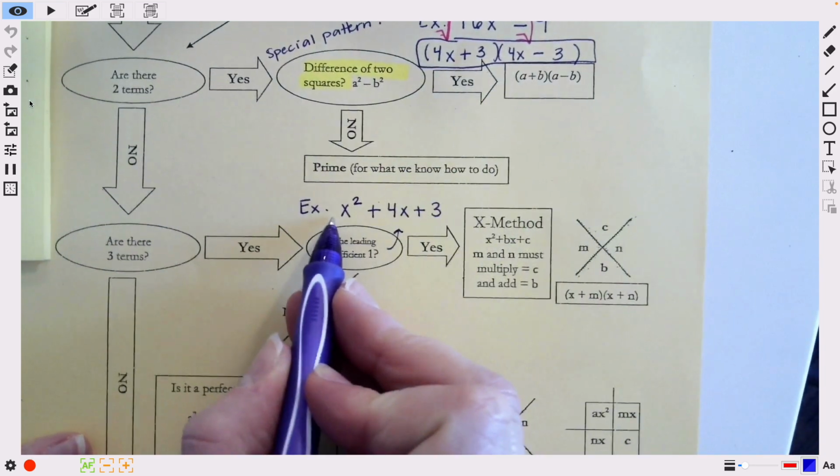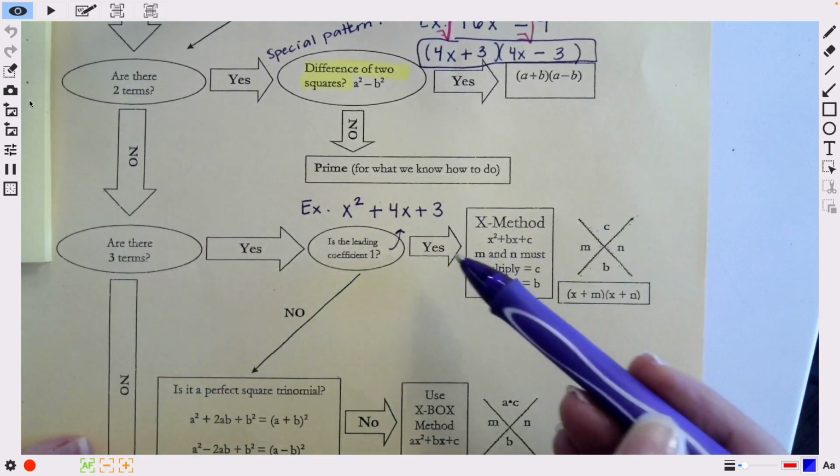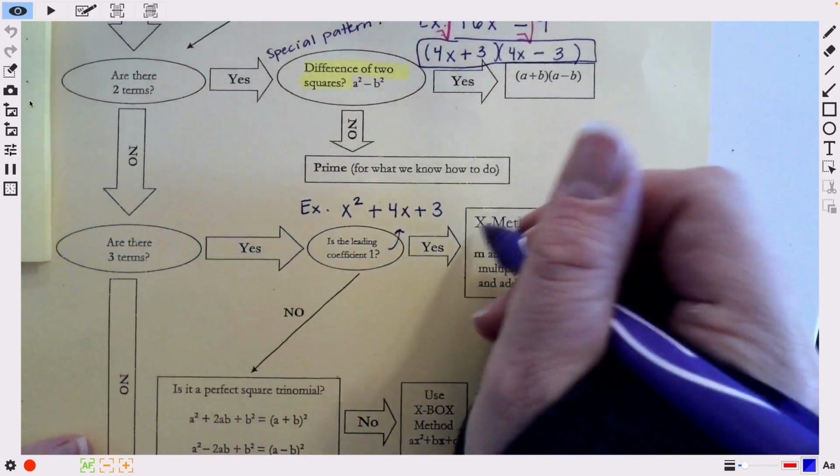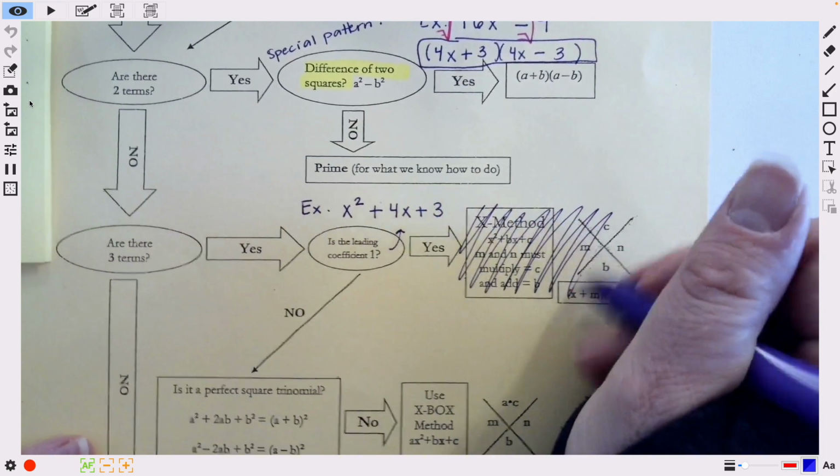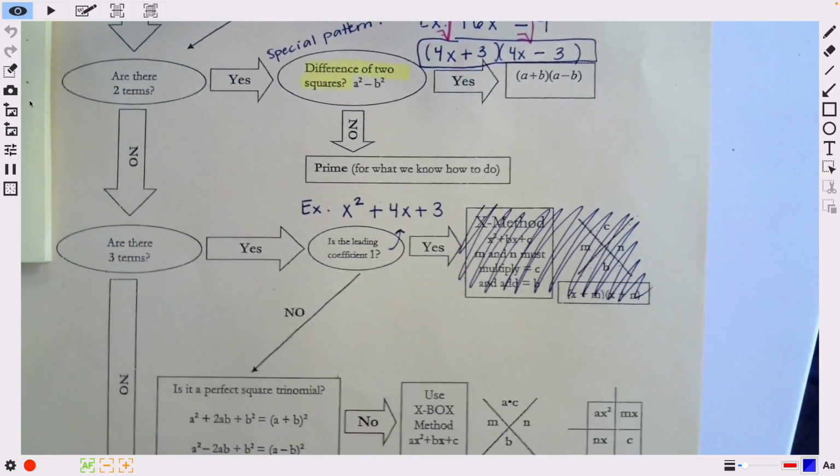That would mean there's nothing in front of the x squared. Now, it says if the leading coefficient's 1, you do the x method. I never did this with you. We never did x method for just a basic trinomial.